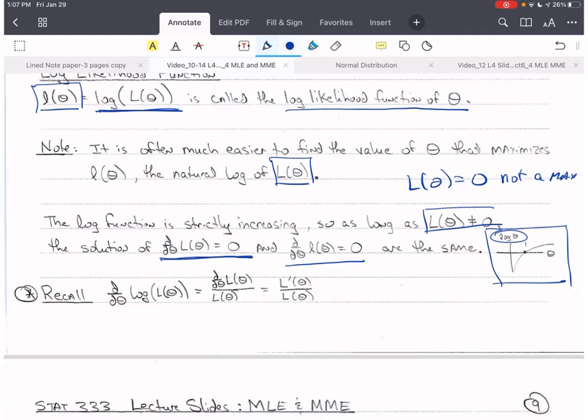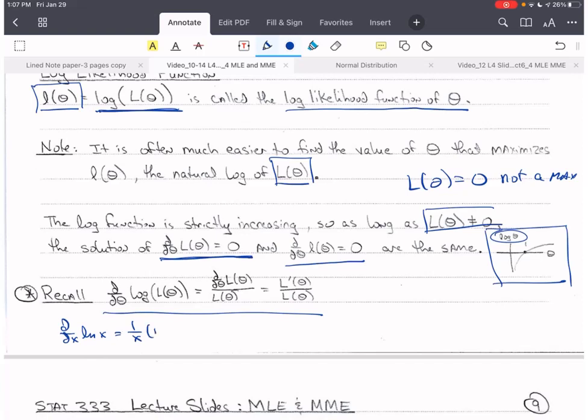All right. So here is something you need to know. If I take the derivative with respect to theta of the log of L of theta, first here is my quantity within the function. Remember that if I write this as natural log, d dx of ln x is going to be 1 over x.